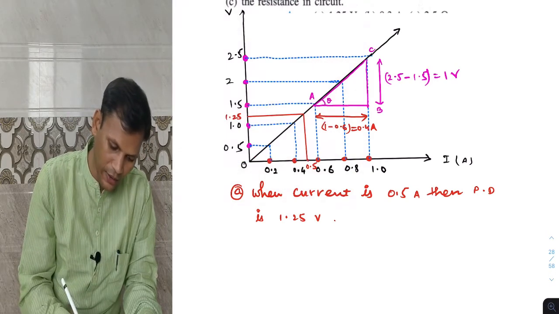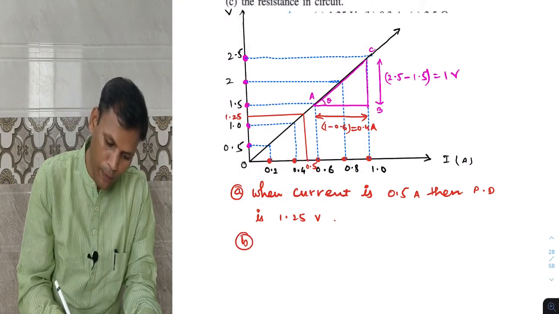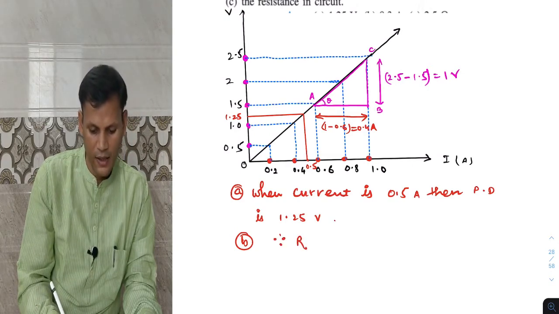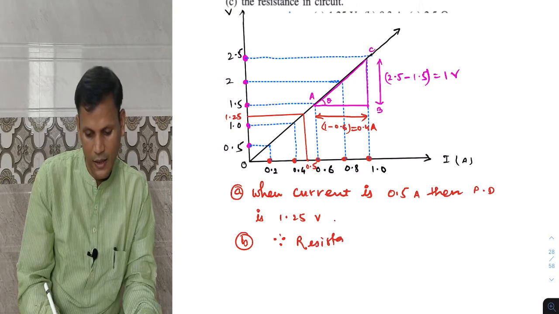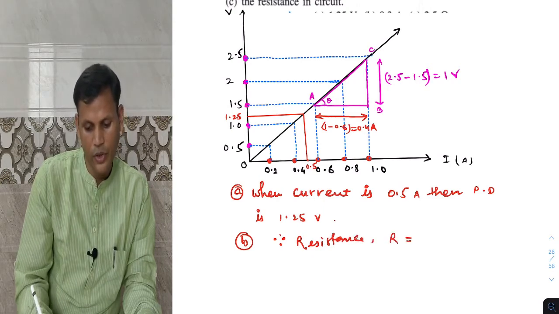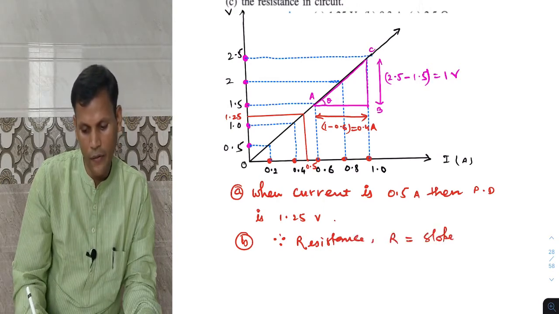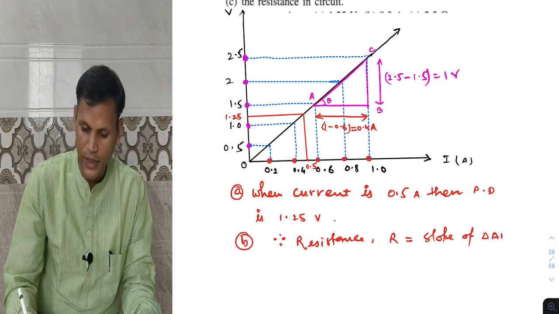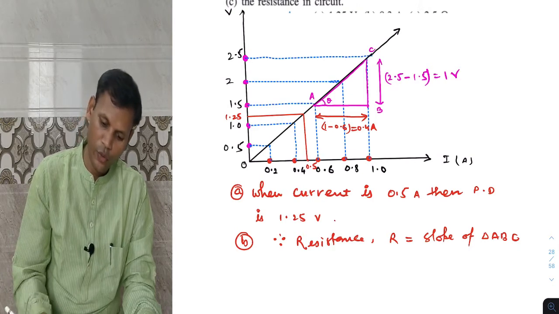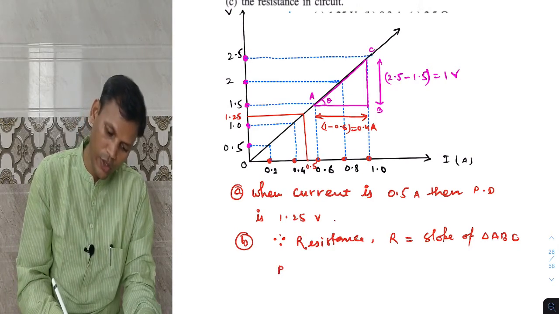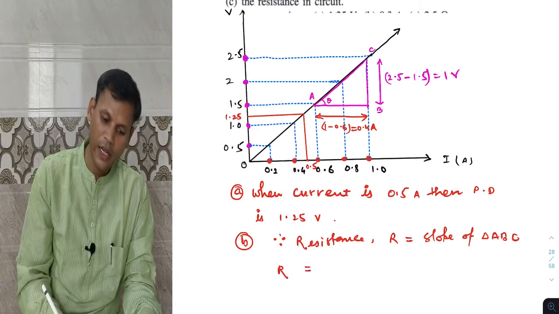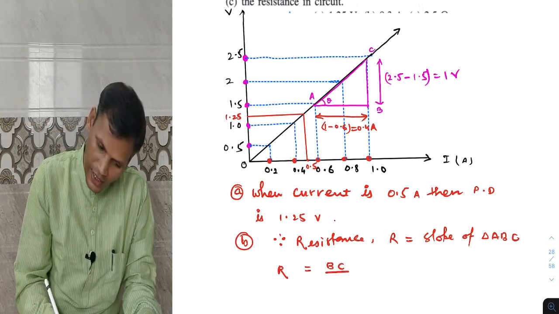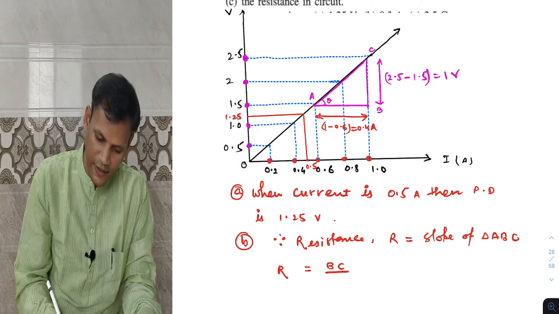In part B, we can write: resistance R is equal to the slope of triangle ABC. We know how to find the slope: R will be change in y-axis, that is BC, upon change in x-axis, that is AB.